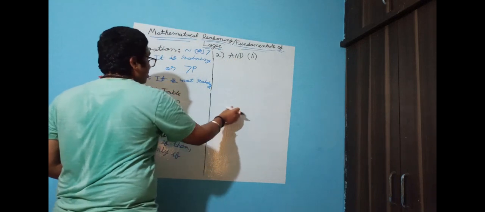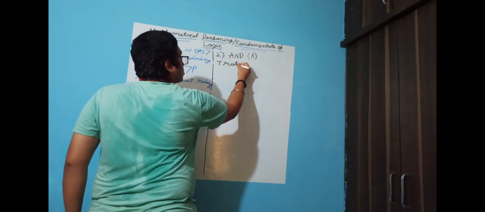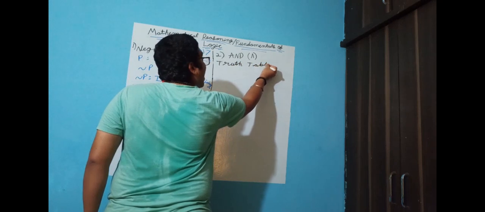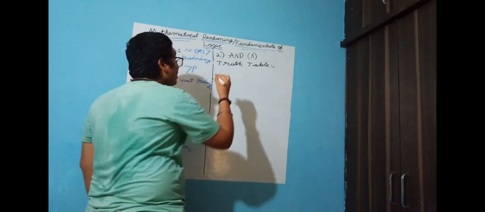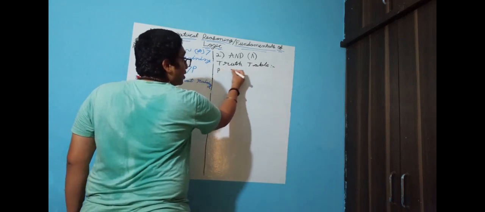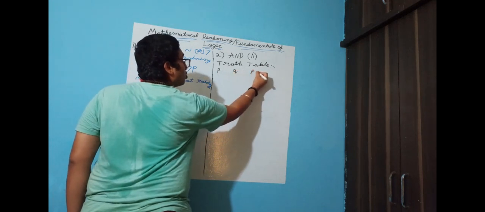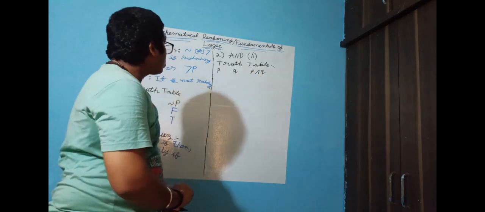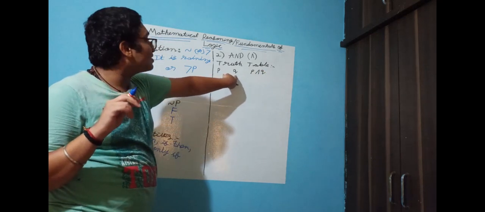Before knowing the truth table, as I told, it is used between two simple sentences. You need to take two sentences here. Let P be one sentence, Q be another sentence, and P and Q. And as I told you, there are 2 power n possibilities, where n is the number of sentences.